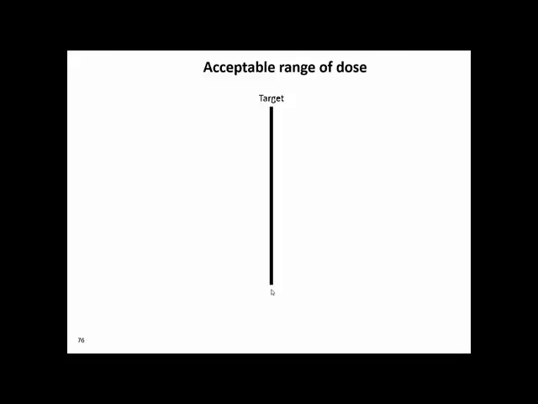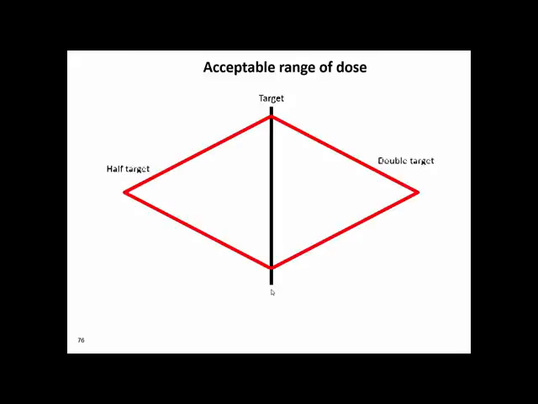The question would be, should we repeat or not? The answer to this question is this little picture where you see the target value in the middle, and we see that on half of the target or on double of the target, images are still acceptable. But of course the level of acceptance goes down when you go to these borders. So 240 would never be a reason to repeat.